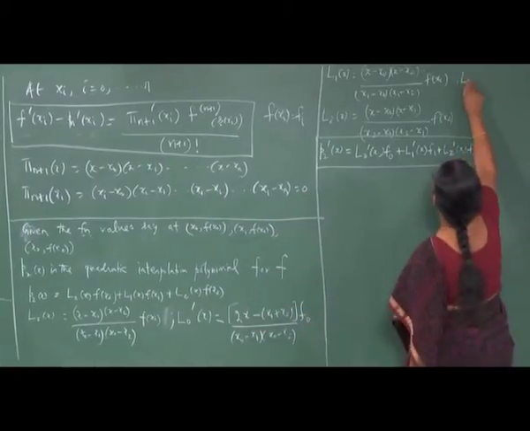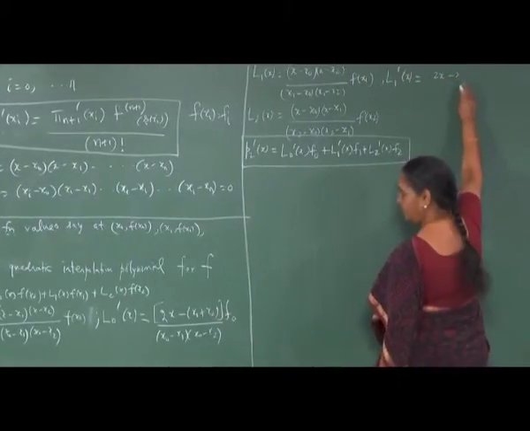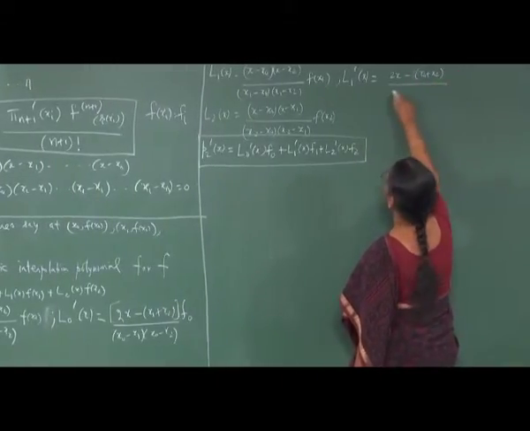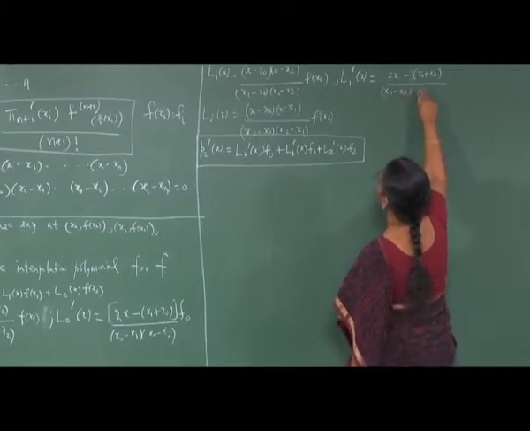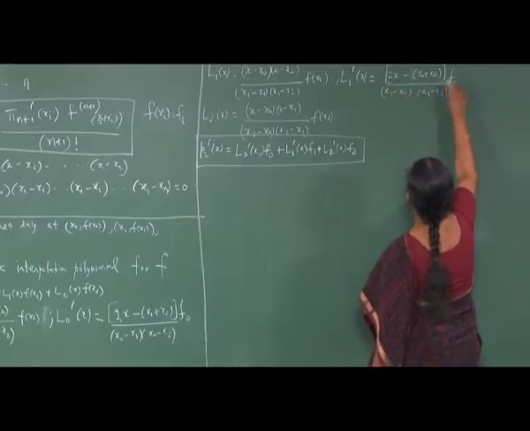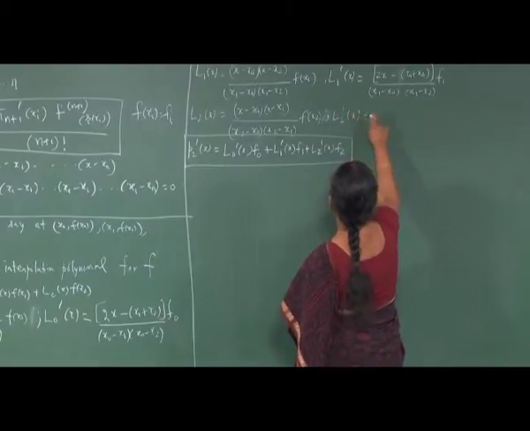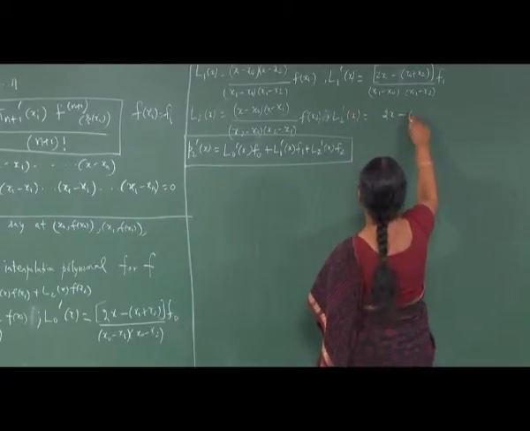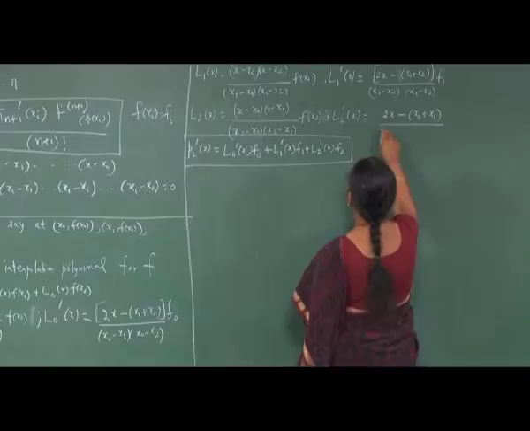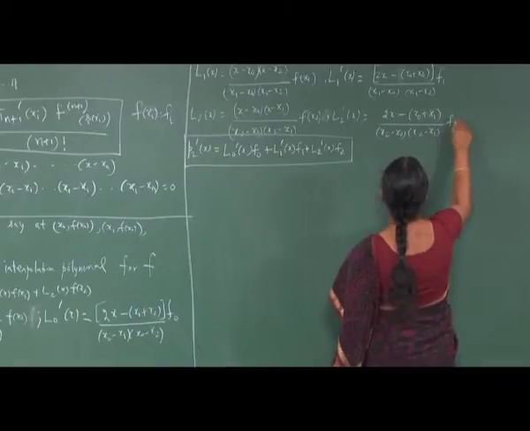Similarly, we compute L1 dashed of x. So, that is 2x minus x0 plus x2 by x1 minus x0 into x1 minus x2 and multiplied by f at x1. And here L2 dashed of x will be again 2x minus x0 plus x1 by x2 minus x0 into x2 minus x1 into f at x2.